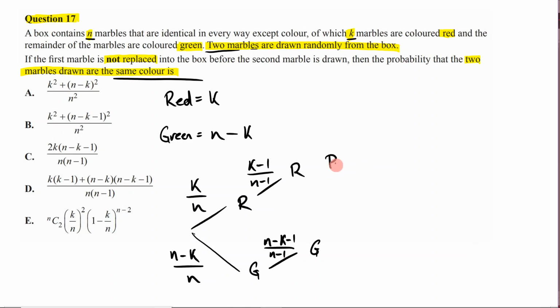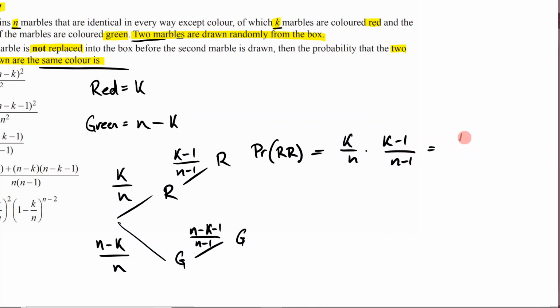So we can say now that the probability of getting a red then a red is going to be this times this. So k over n multiplied by k minus 1 over n minus 1. And that is going to be k minus 1 over n minus 1.